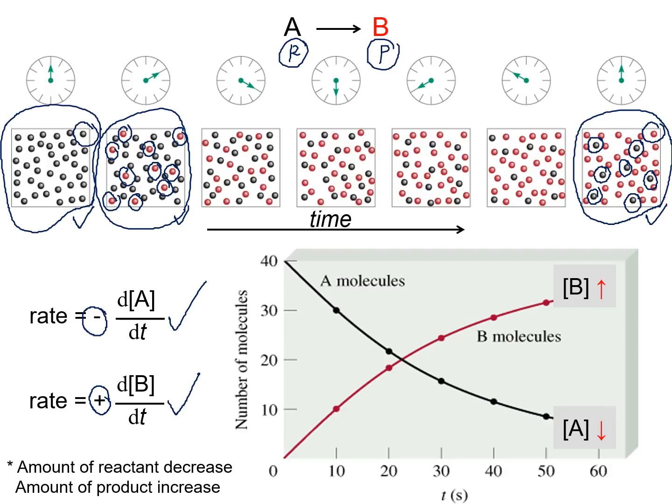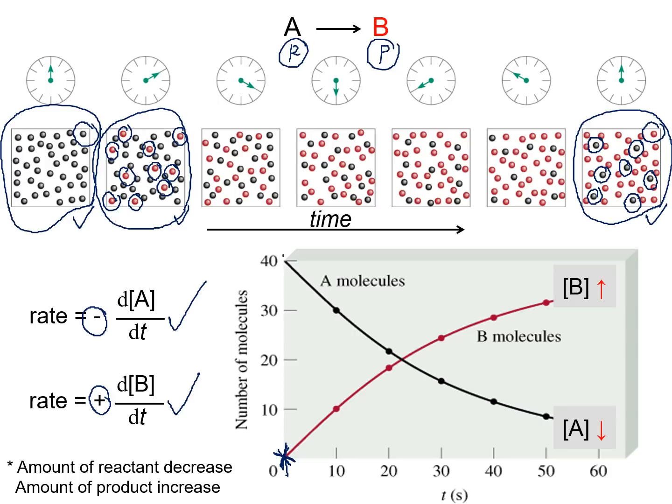Okey, so di sini pada permulaan, at the beginning, masa time equals to 0, particles B belum dihasilkan. That's why starting point for the curve of B is 0 here. Okey, manakala particles A telah ada di dalam kontainer tersebut.